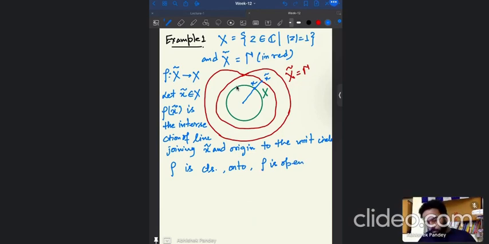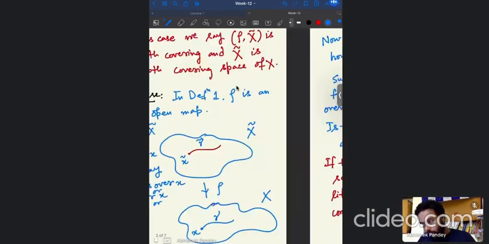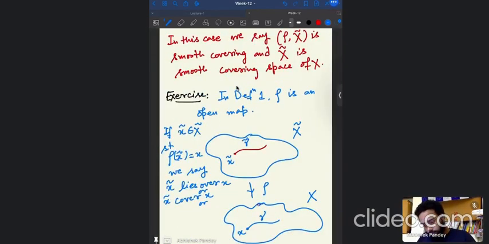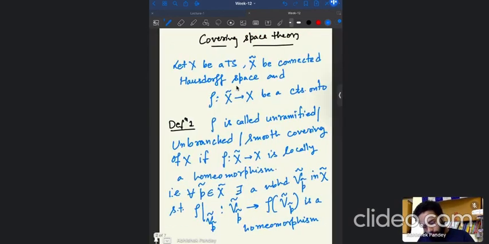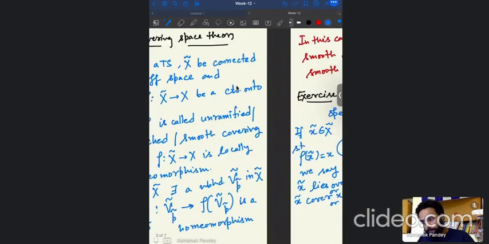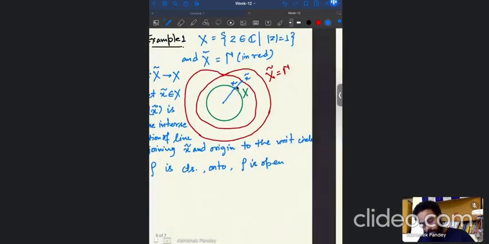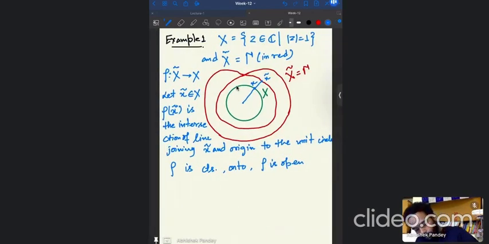I am giving this example where rho is not a smooth covering. Smooth covering means that it is locally a homeomorphism. You can check that rho is continuous, open, but rho is not a smooth covering.